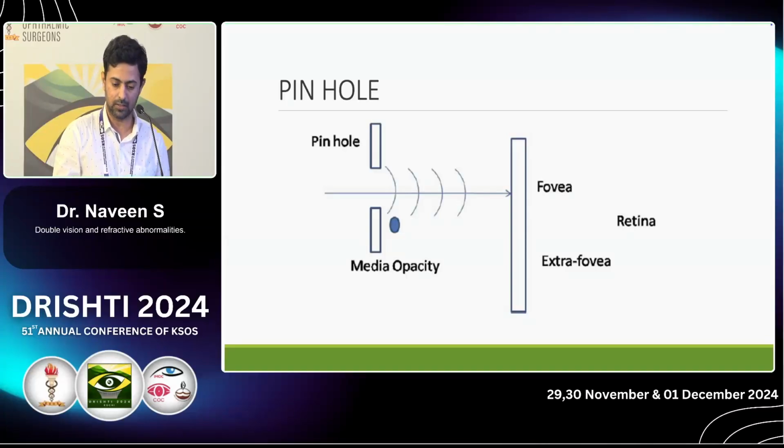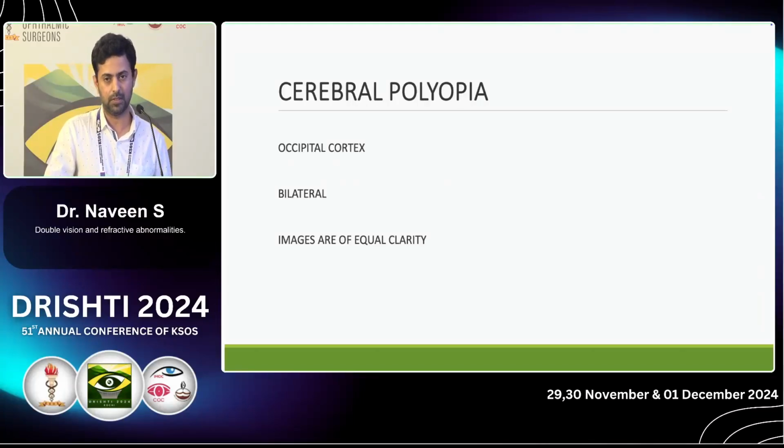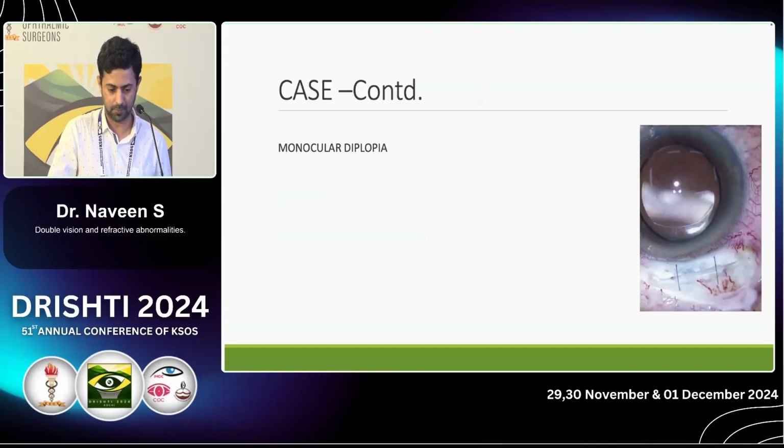A pinhole will cut that diffraction, and only the foveal image will fall on the retina, and the diplopia will resolve in such cases. The second mechanism of monocular diplopia is metamorphopsia. As you can see, some retinal pathology like ERM can cause distortion of the retinal images, and here it does not resolve with the pinhole. Cerebral polyopia is a different topic and we will skip that.